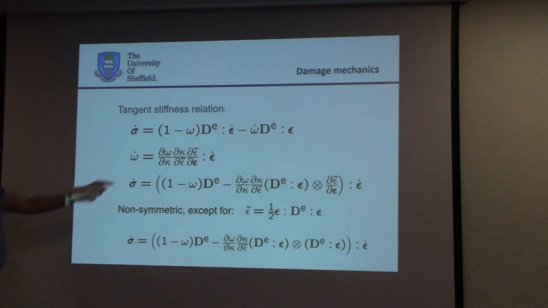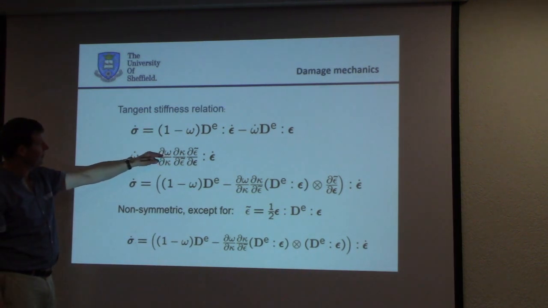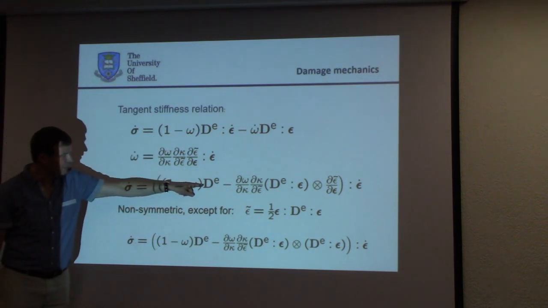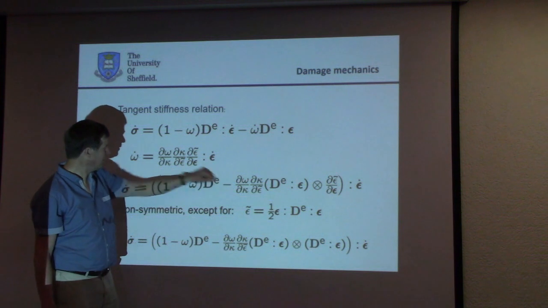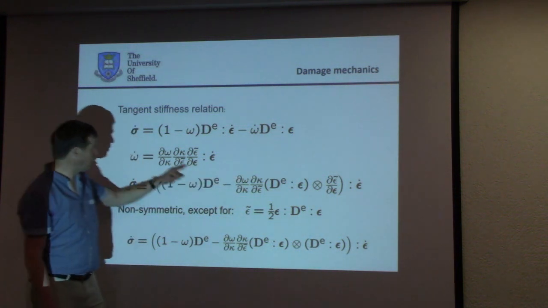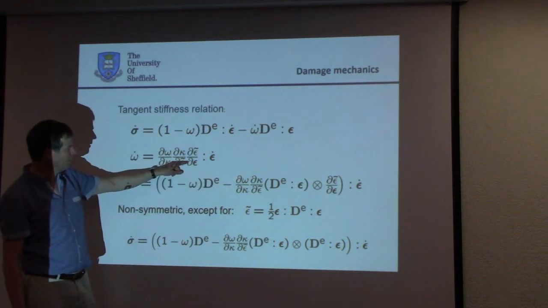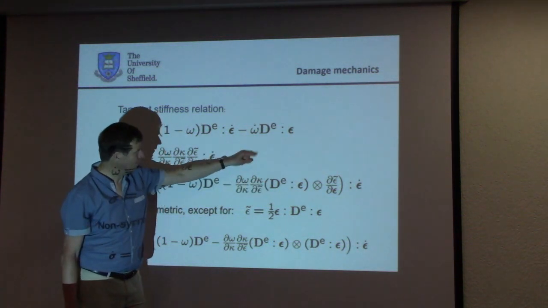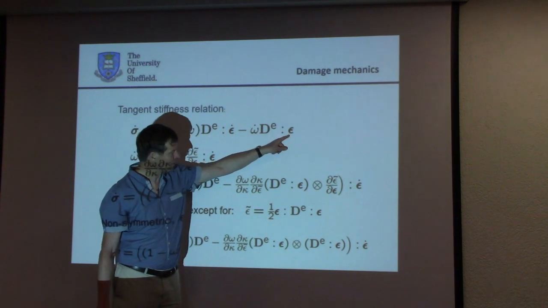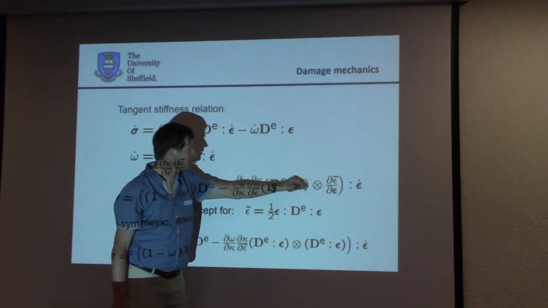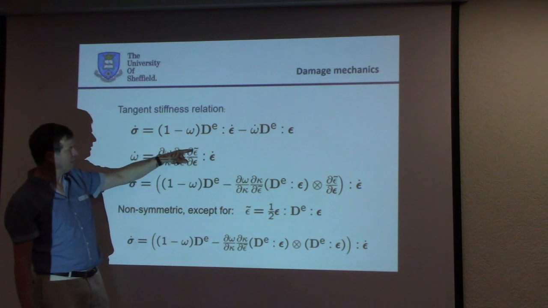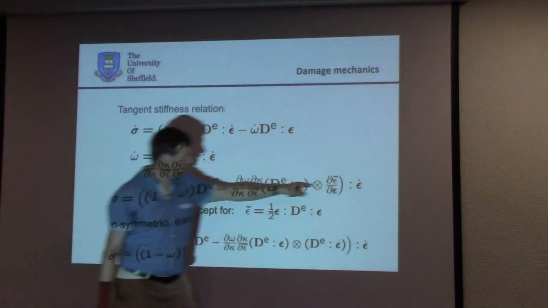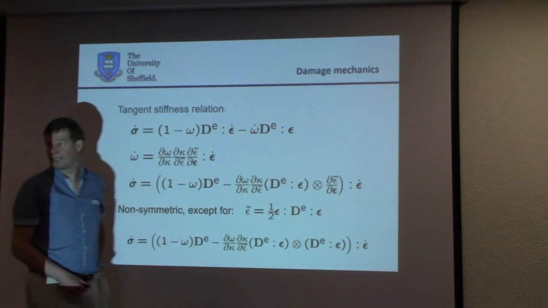So, substituting this into here, you get 1 minus omega dE minus the omega d kappa, the epsilon tilde, times dE times epsilon, outer product times the epsilon tilde, the epsilon, double contracted to the strain.